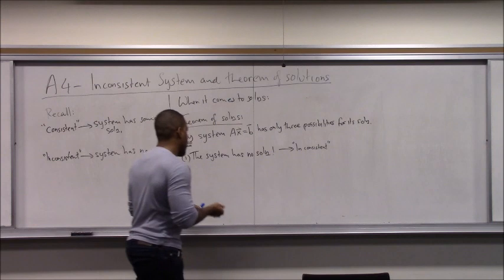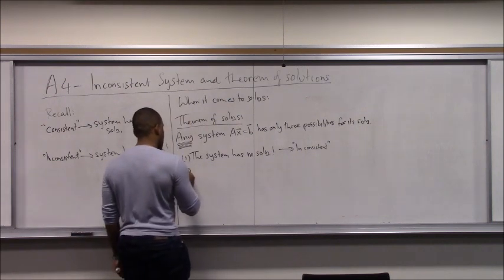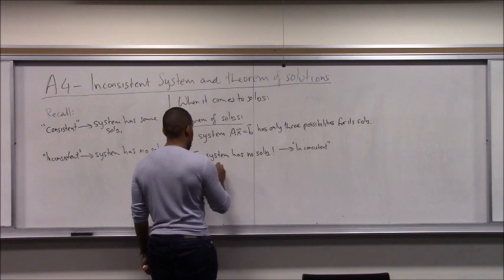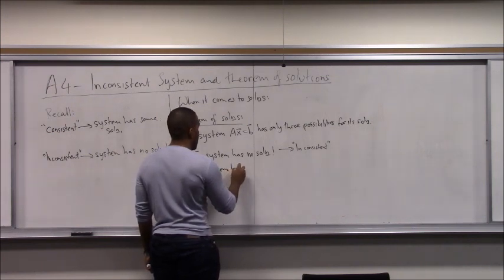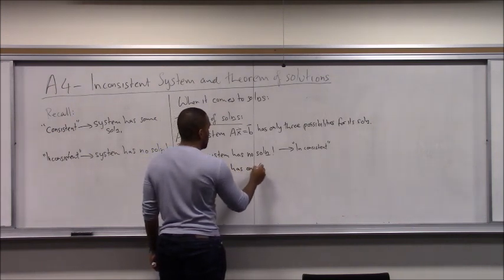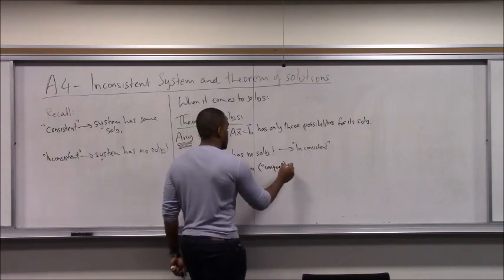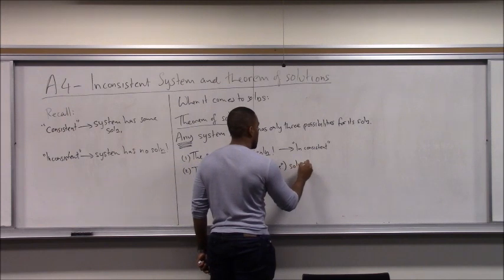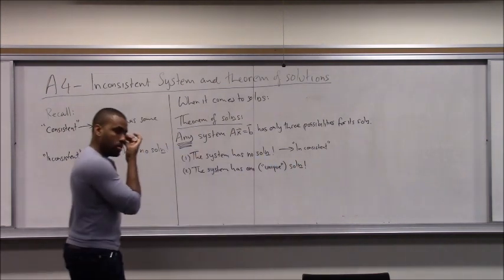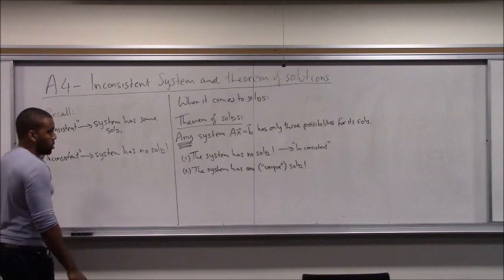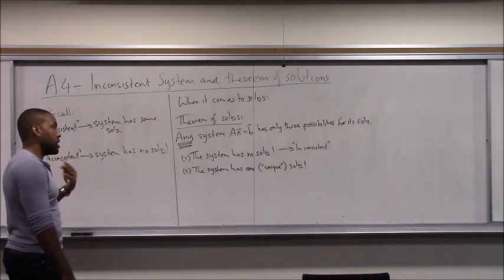I'll give the examples right after this. 2. The system has one solution. This might also be referred to using the word unique. So either the system will have no solution, or it can have one solution, which we call a unique solution.